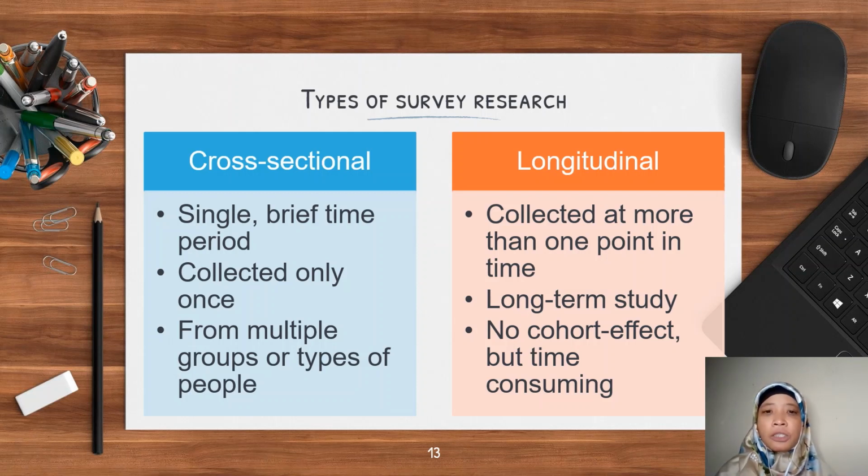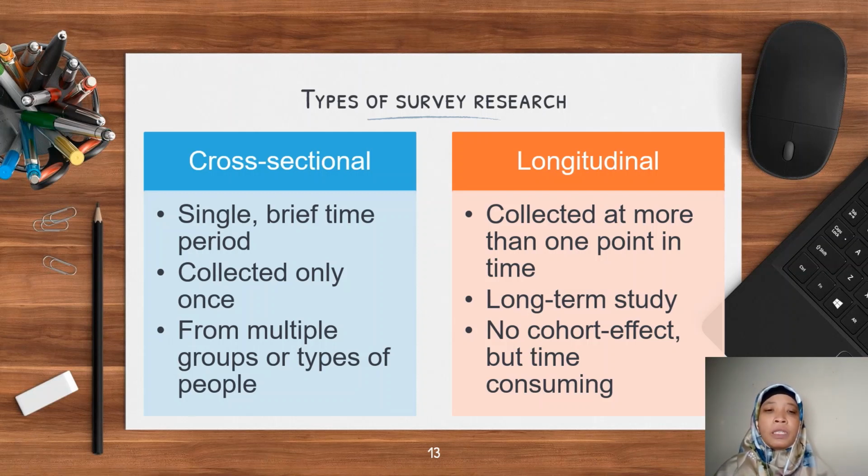So the limitation of cross-sectional study is that you're collecting data right now, at one point, from different generations. For example, if you want to study internet use, the millennial generation were born with the computer, born with technology. They're more familiar with technology.